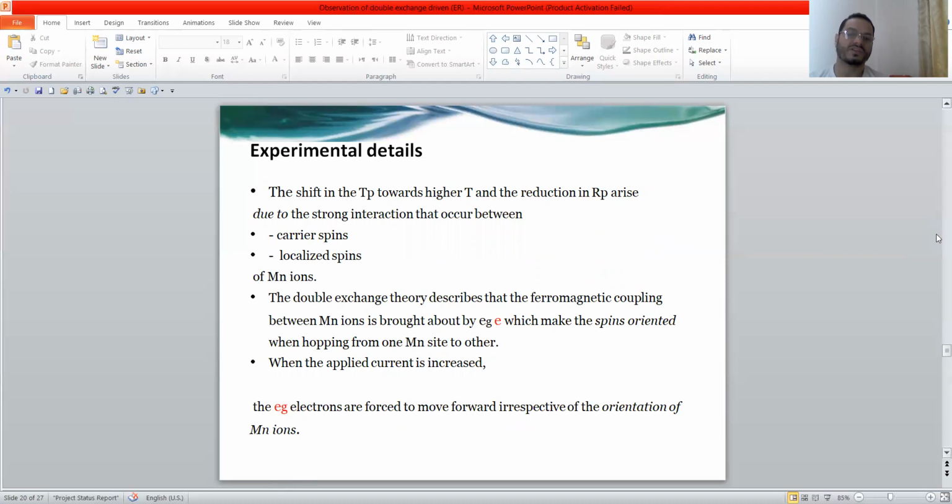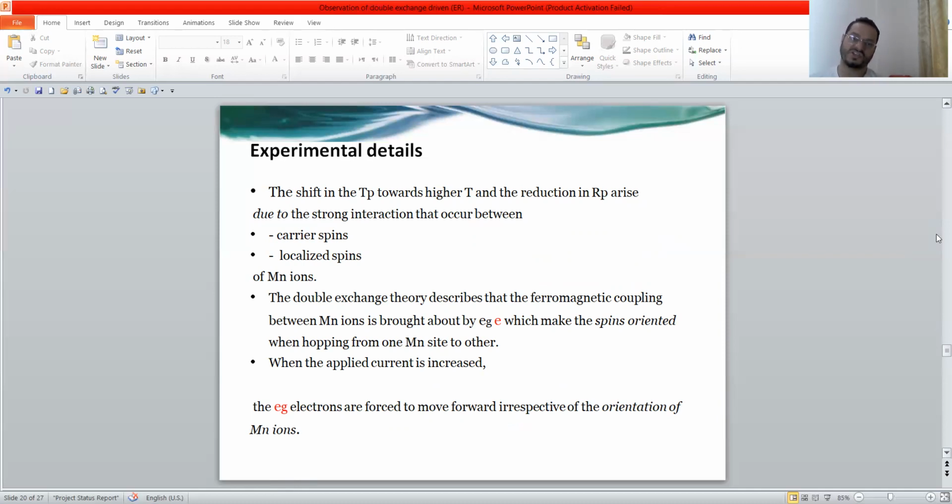Now the shift of the peak temperature toward high temperature and the reduction in peak resistance are due to the strong interaction that occurs between the carrier spins and localized spins of manganese ions.